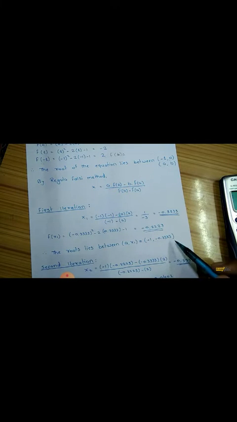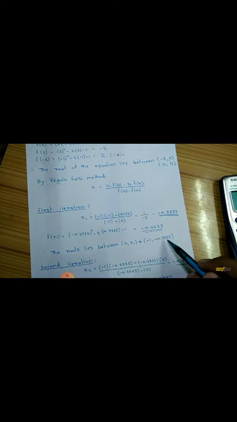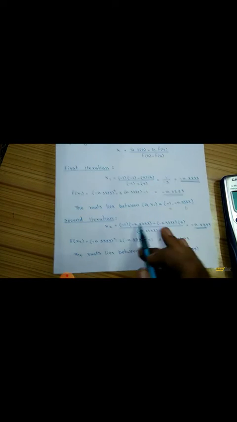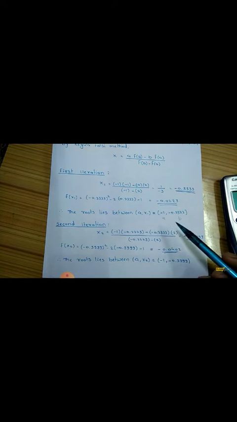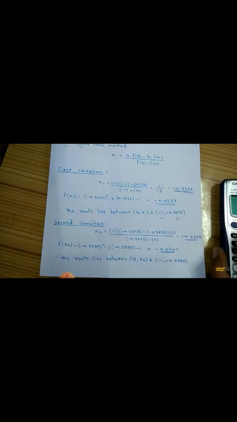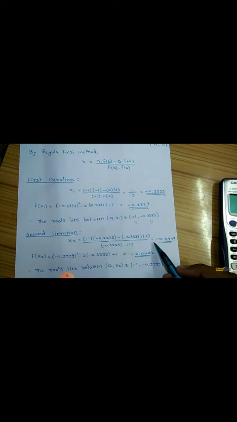Putting these values in the formula and after solving, x2 will be -0.3999. So f(x2) will be 0.0402.